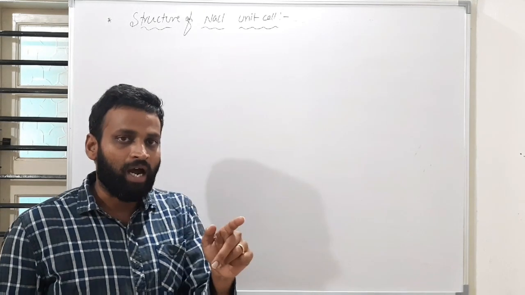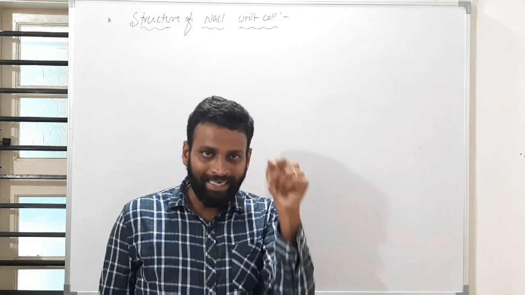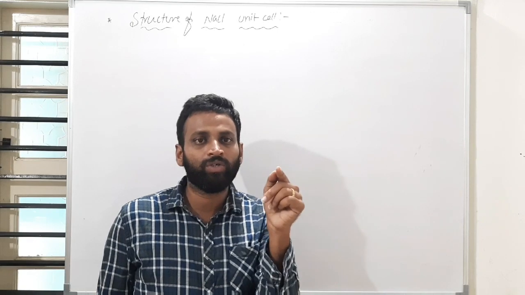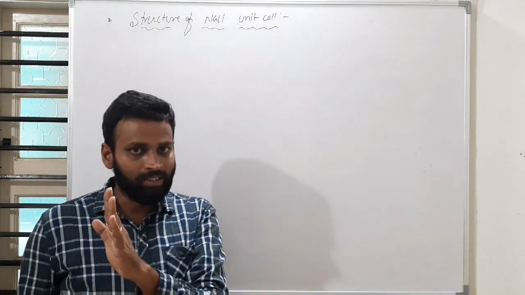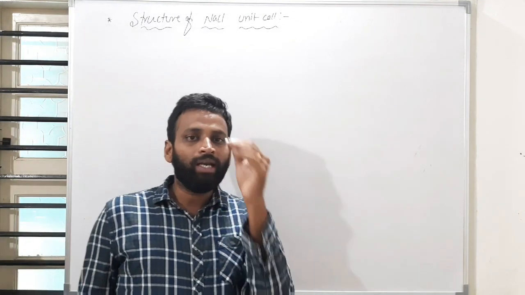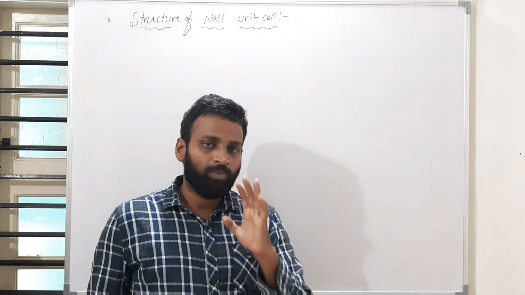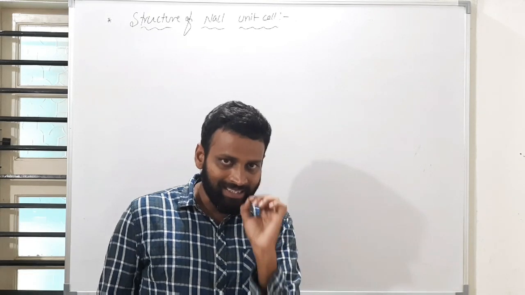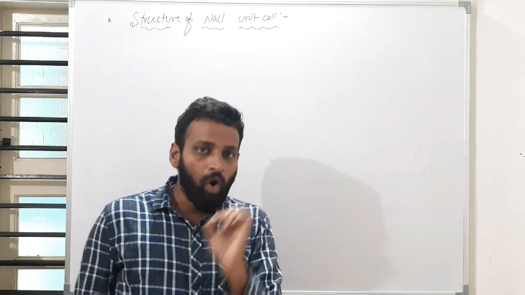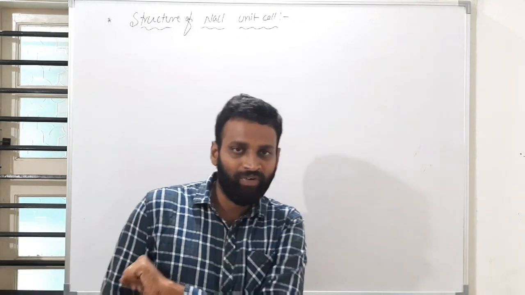If Na+ ions are at edge centers, then those 12 edges have Na+ ions, along with one Na+ ion at exactly the body center.